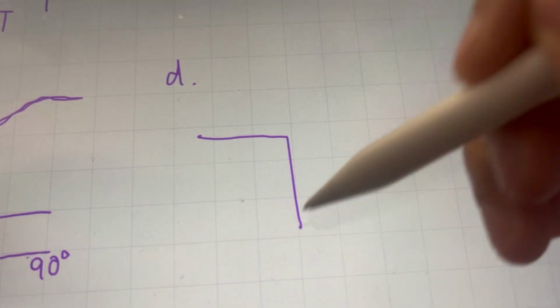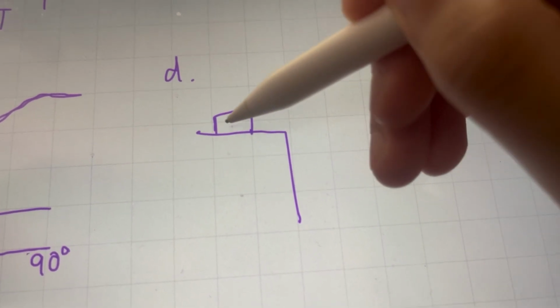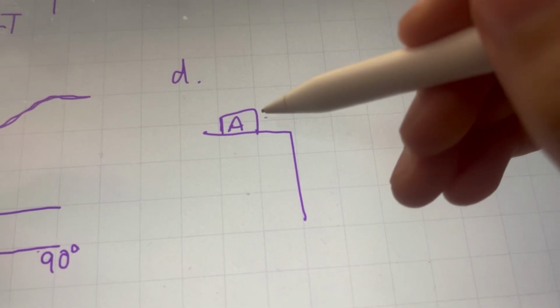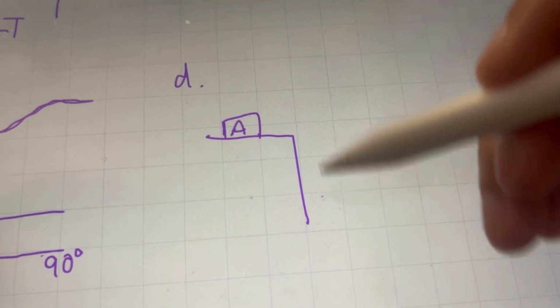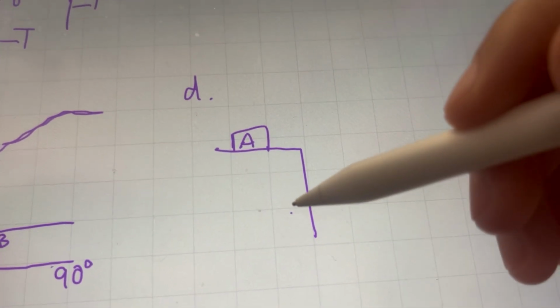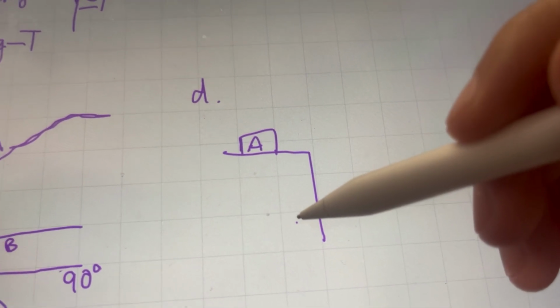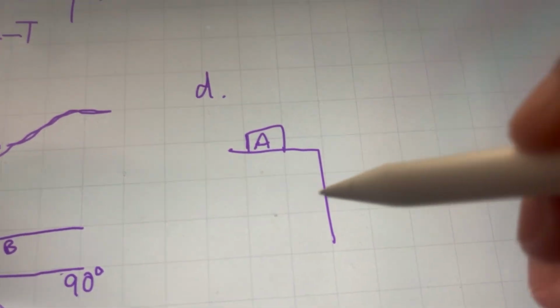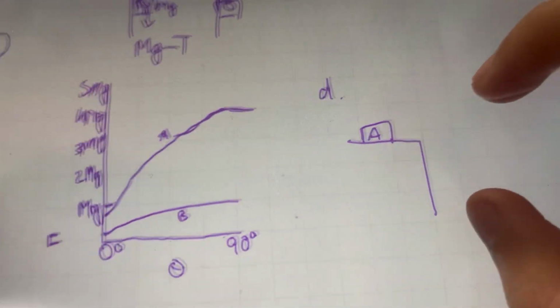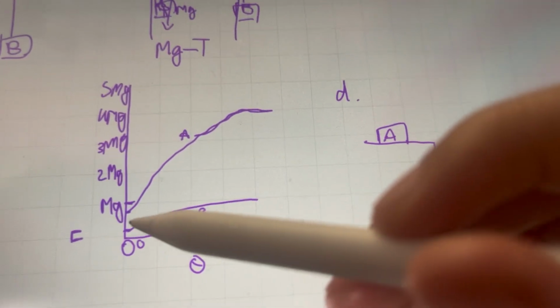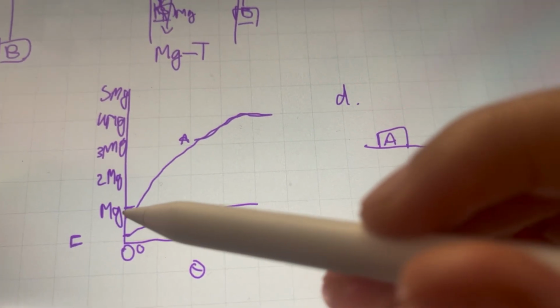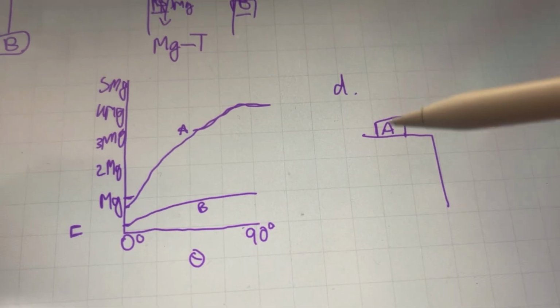Let's draw the diagram again. Say block A is right here, with no string and no block B. It's just sitting there. So obviously its initial starting point would not change. Actually, it would change, because there's no tension pulling on it.